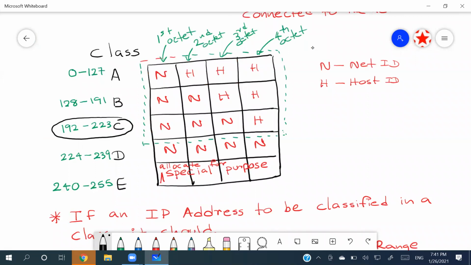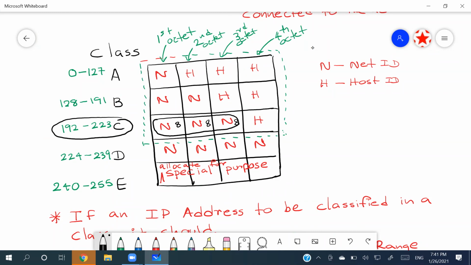And it says, if it is to be qualified as a class C, you should have a net ID which spreads over the first three octets. Spreading over the first three octets means you have 8 bits here, 8 bits here and 8 bits here.